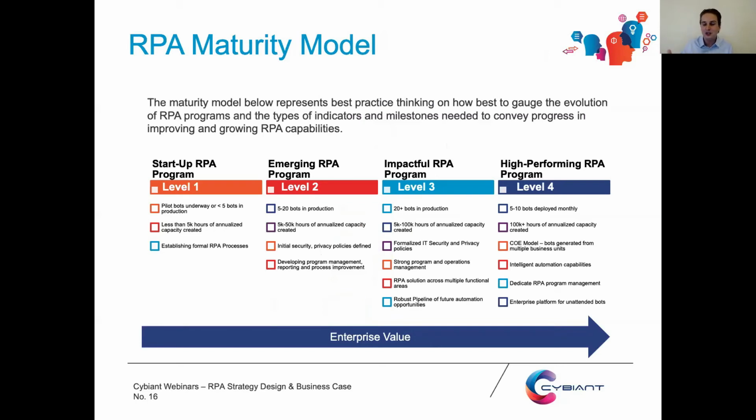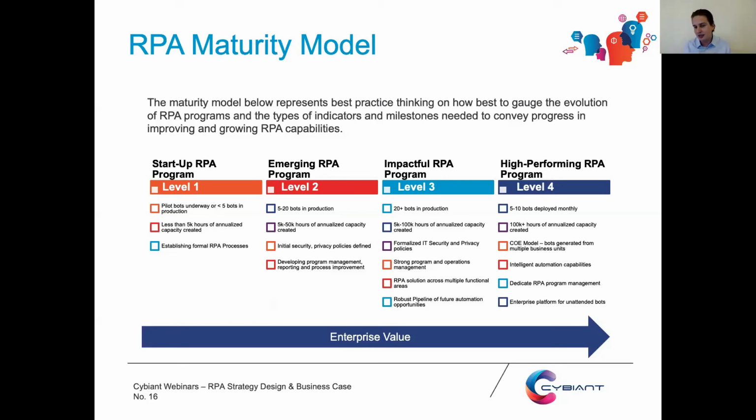And within each of those stages, there are a number of capabilities that you can start to build up. So in lesson number 2, what we really want to do is first of all measure where we are today, and then make a combination of looking at what are the current capabilities that we would need in our current level, and also what are the capabilities that we would need to move towards our next level.